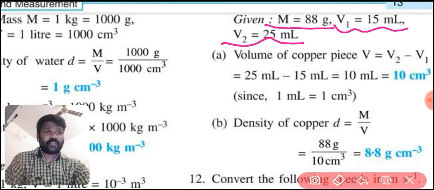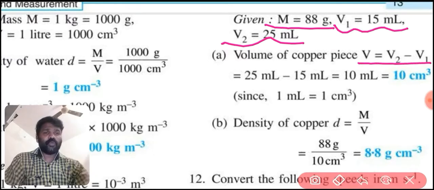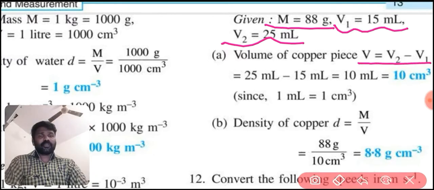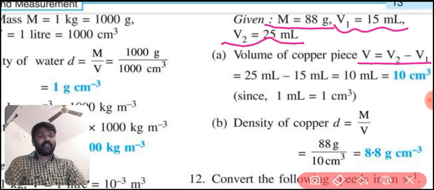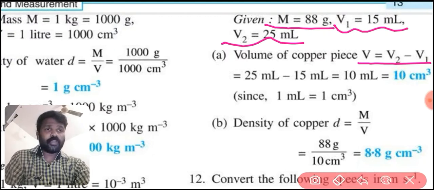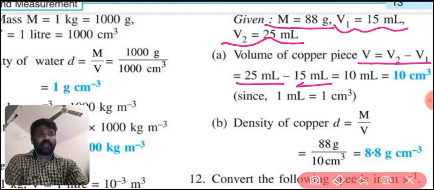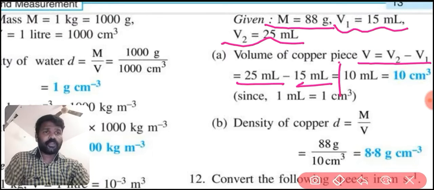Volume V is equal to V2 minus V1. The concept we have discussed: final level minus initial level. Here the final level is 25 ml, initial level 15 ml. So 25 ml minus 15 ml is equal to 10 ml.